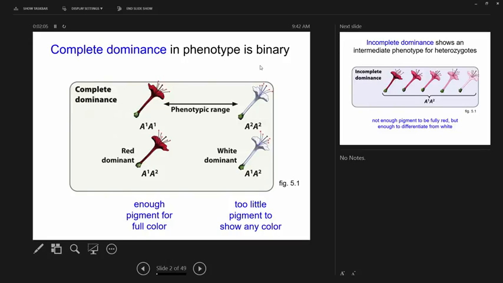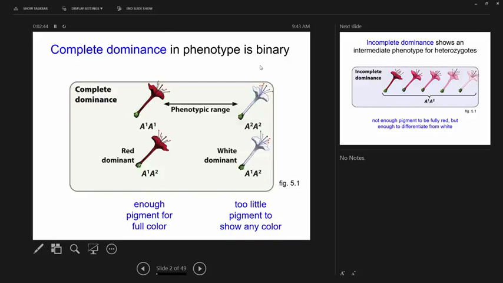If red is the dominant allele, then having one red allele is enough to make you completely red, as red as you would be in a homozygote. If white is completely dominant, then a heterozygote having just one A2 allele would be as white as the one up here. There would be no red in there at all. So with red dominant, one allele is enough to show full pigment, and here there is not enough pigment produced to show any color in the flower at all.